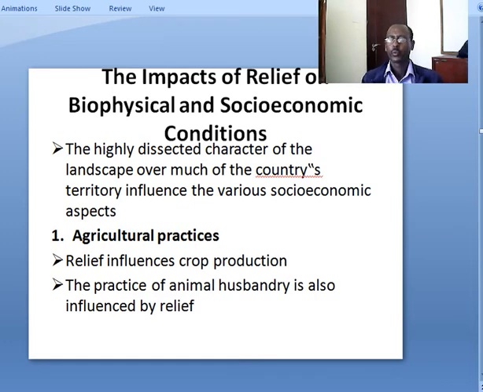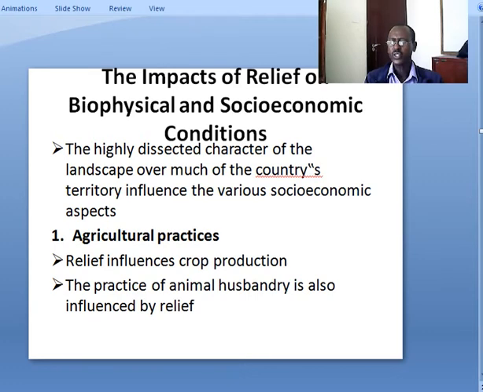Now, what would be the impacts of relief on biophysical and socioeconomic conditions? The highly dissected character of the landscape over much of the country's territory influences various socioeconomic aspects. Like what? 1. Agricultural practice. Relief influences crop production.